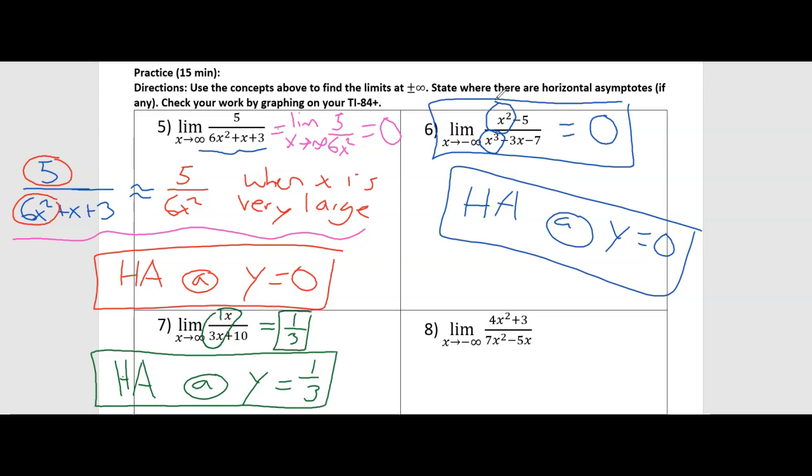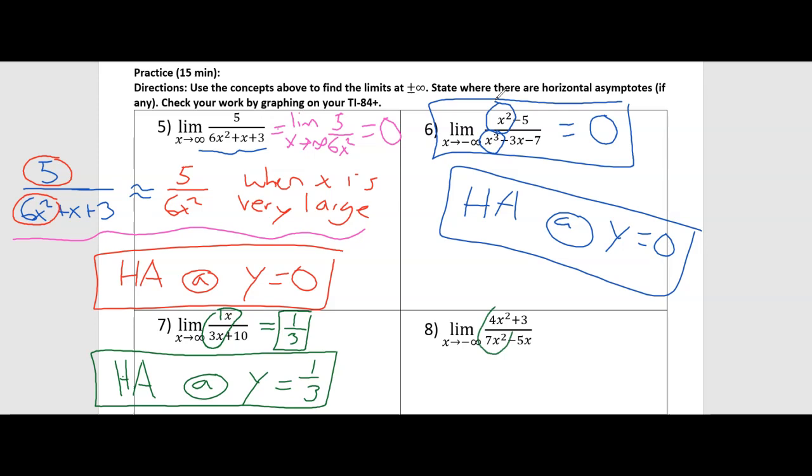And again, if you did the intermediate steps, it may be easier to figure that out once you simplify. You'll be able to simplify the function down to 1 over 3, the approximate function.